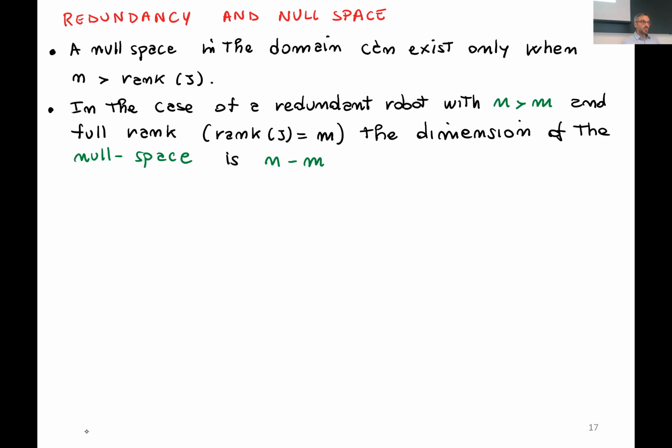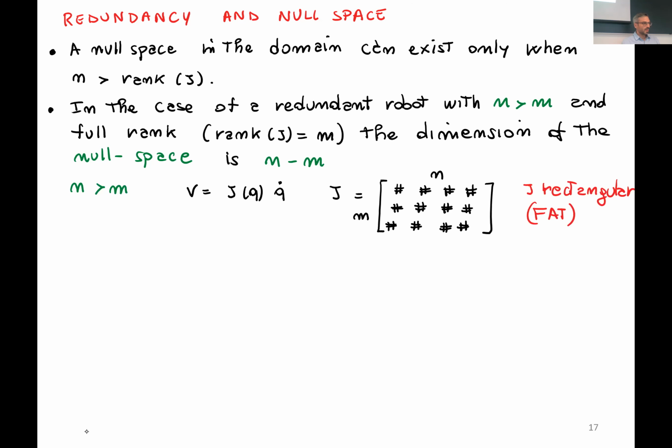So in the case of a redundant robot with n bigger than m, where m is the dimension of the task space, and J is full rank, the dimension of the null space will be n minus m. If we look at the shape of a Jacobian matrix, we see that it is rectangular, and we call this a fat matrix.